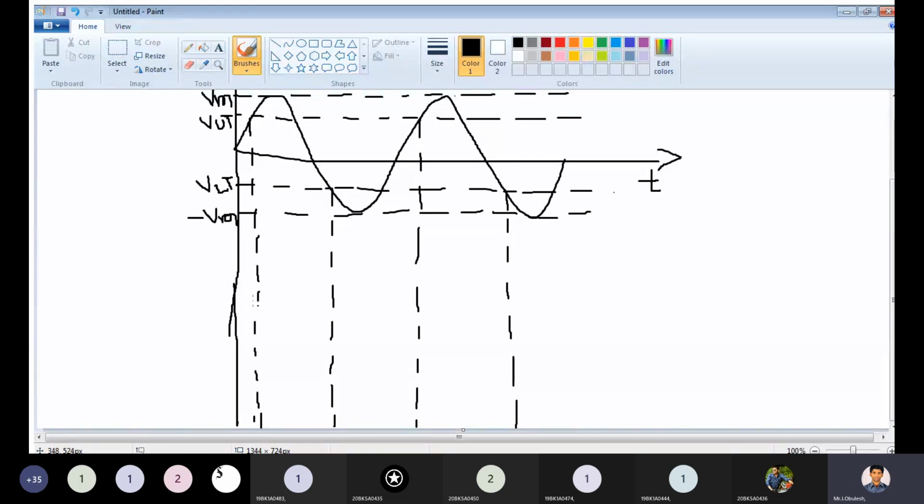For the upper threshold, it starts from positive only, up to the negative threshold.